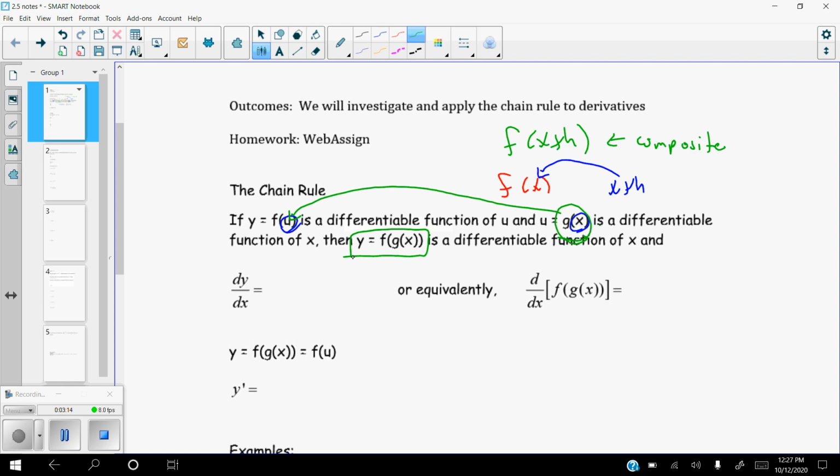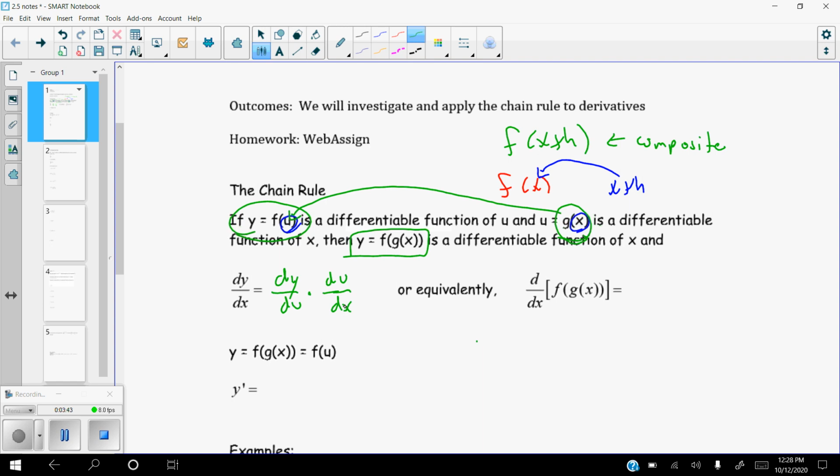So the derivative of that would be simply dy with respect to u. So I'm going to take the derivative of y, this one right here, with respect to u, multiplied by the derivative of u with respect to x.